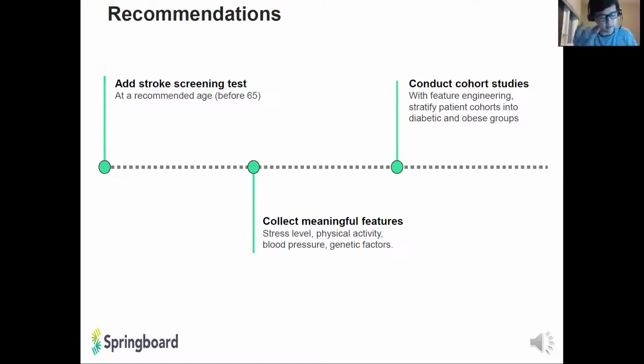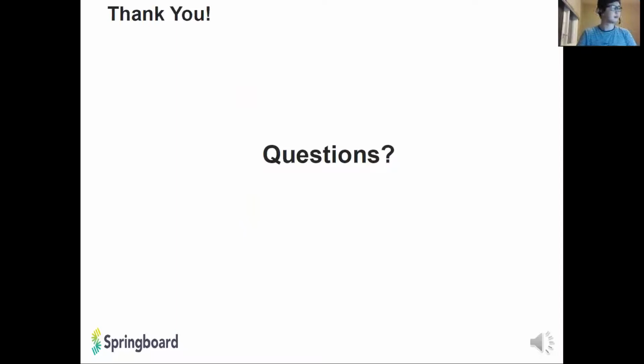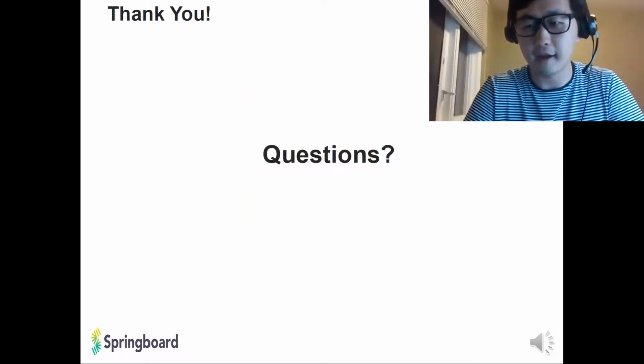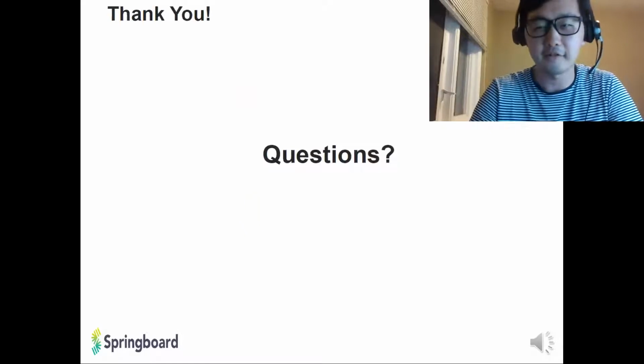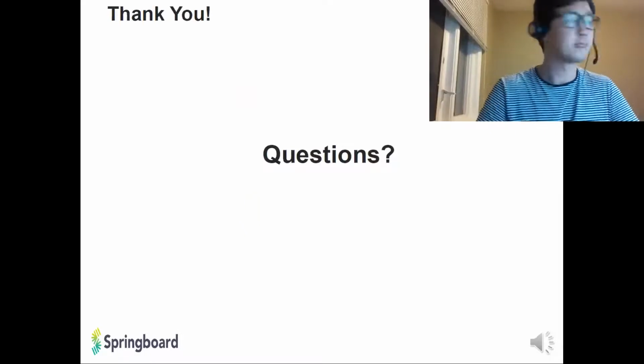We can do that with this data set because I had body mass index and average glucose level, so I could stratify them into categories like non-diabetic, diabetic, and obese or non-obese patient groups. Thank you for listening to my presentation. I really hope you enjoyed it, and I look forward to hearing thoughtful, insightful questions. Thank you.